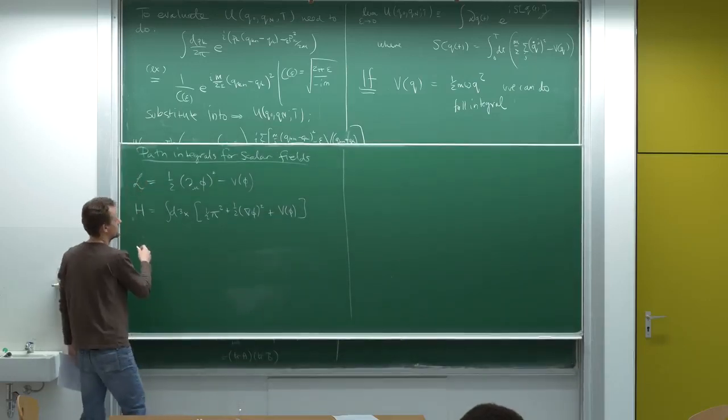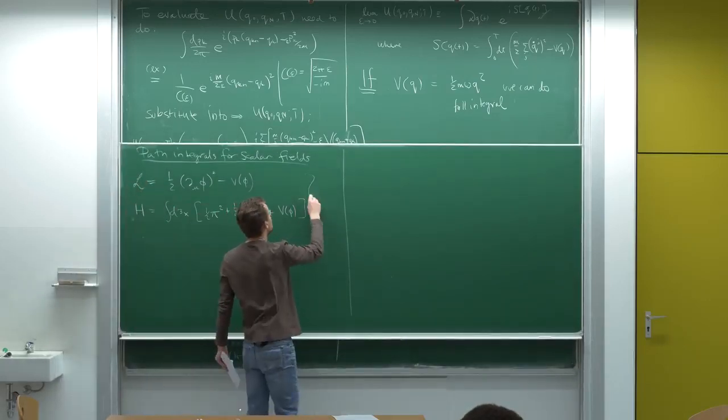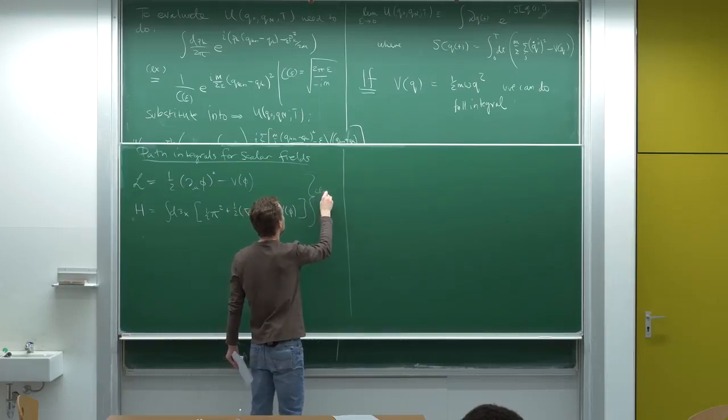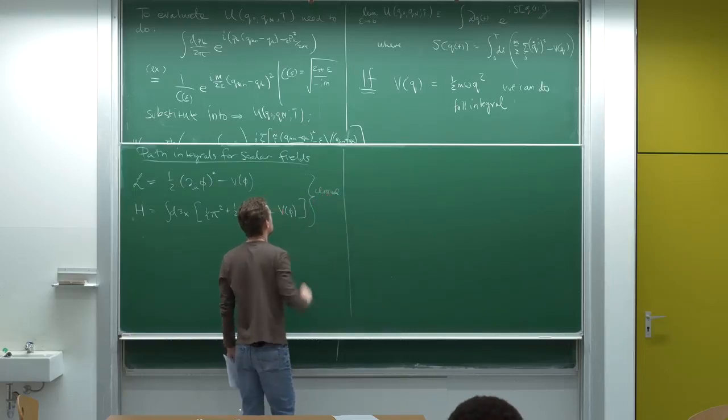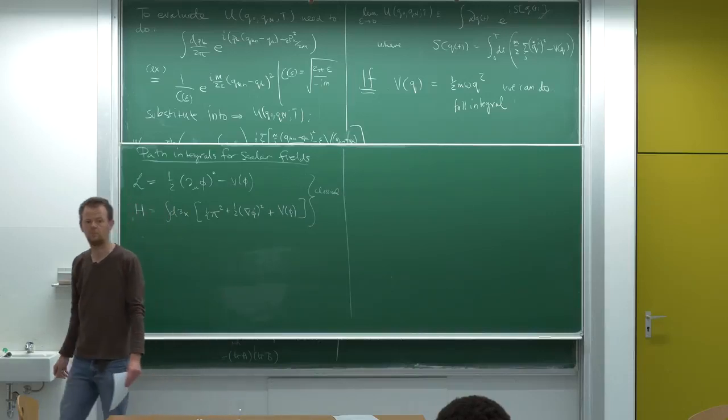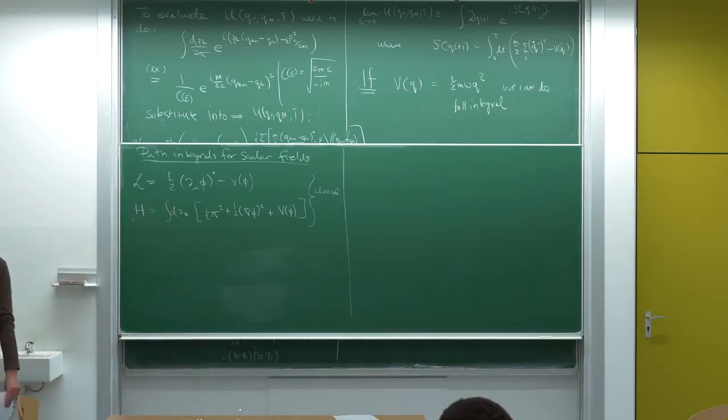So far, this is all classical. Now, the really interesting thing that should be on your mind when you see a path integral expression for a non-relativistic system, and now I've written down a classical scalar field, is you should be wondering, is it possible to do a path integral for the scalar field?